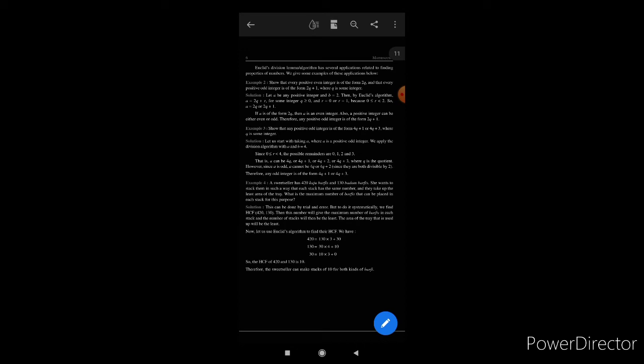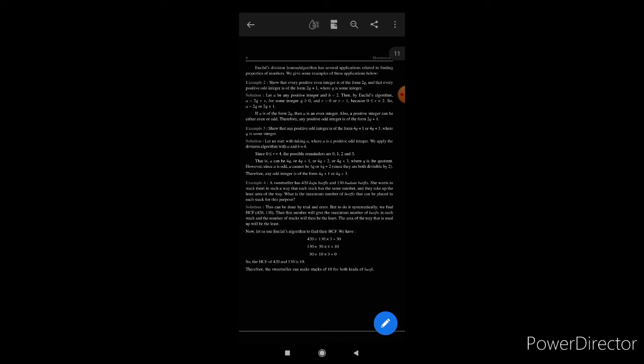So a is equal to 2q or 2q plus 1. If a is of the form 2q, then a is an even integer. Also, positive integers can be either even or odd. Therefore, any positive odd integer is of the form 2q plus 1.